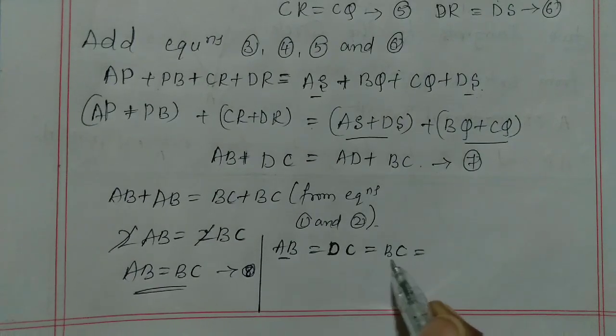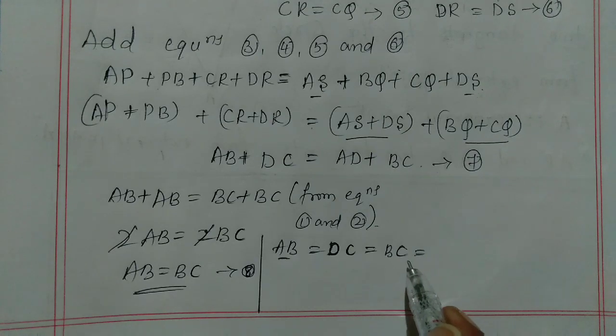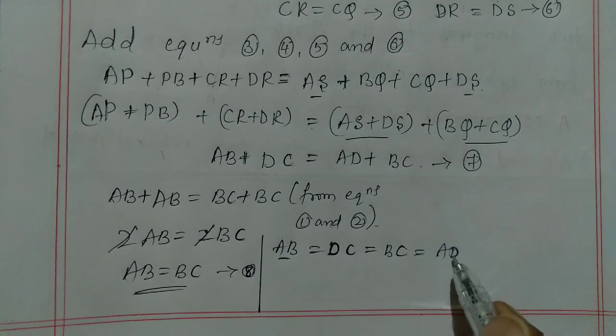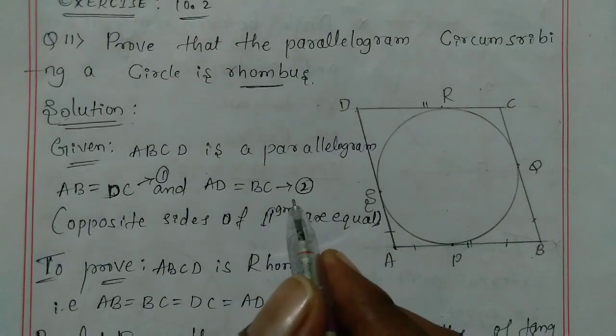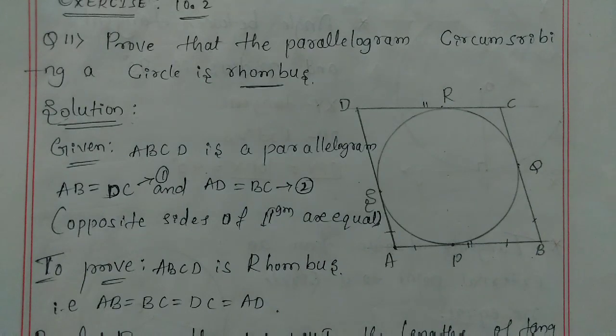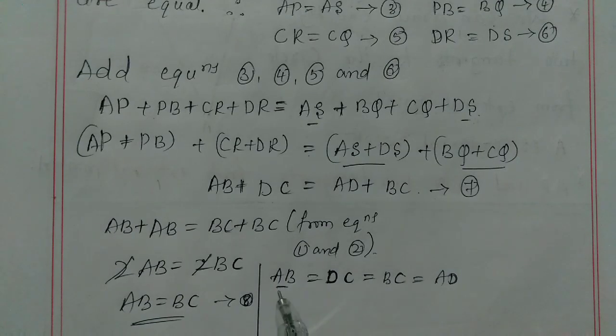Okay. This is from equation 8. Right. So next BC is equals to AD. Why BC equal to AD? This is from equation 2. Okay. So therefore we got here all sides are equal, that is AB equal to DC, which equals to BC, which equals to AD.